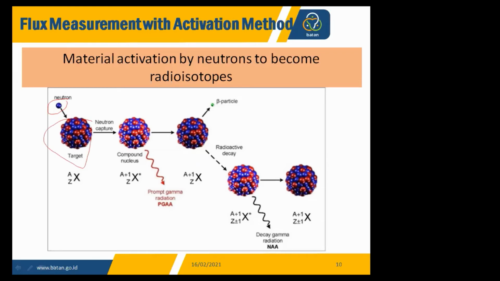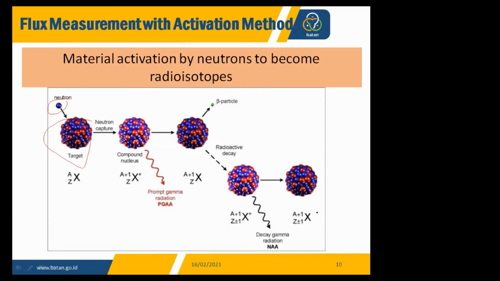The sample is bombarded with neutrons, causing the element to form a radioactive or unstable isotope. Furthermore, the radioactive emission is counted by a gamma detector for activity measurement. By considering the efficiency of the gamma detector, the macroscopic cross-section and the volume of the material, it is possible to calculate the neutron flux.